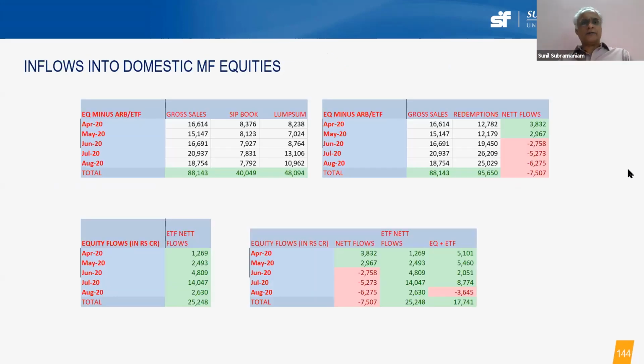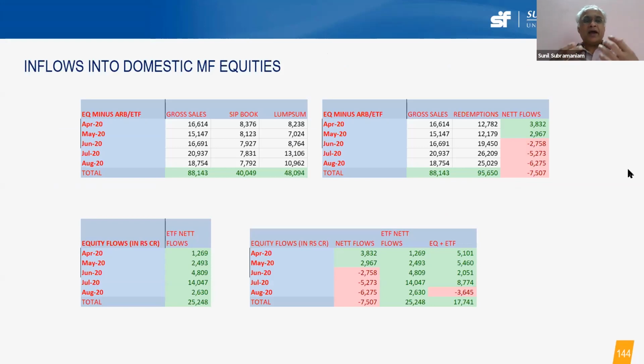Further, in this quarter, if you look at inflows into domestic equities, while gross sale numbers are fairly steady, both in the SIP book and the lump sum book, the redemptions have spiked, which means a lot of older investors who had invested in mutual funds, maybe in the 2016-17 period, when they saw a strong rise, and then there's a sharp correction across the market from 2017 to now.